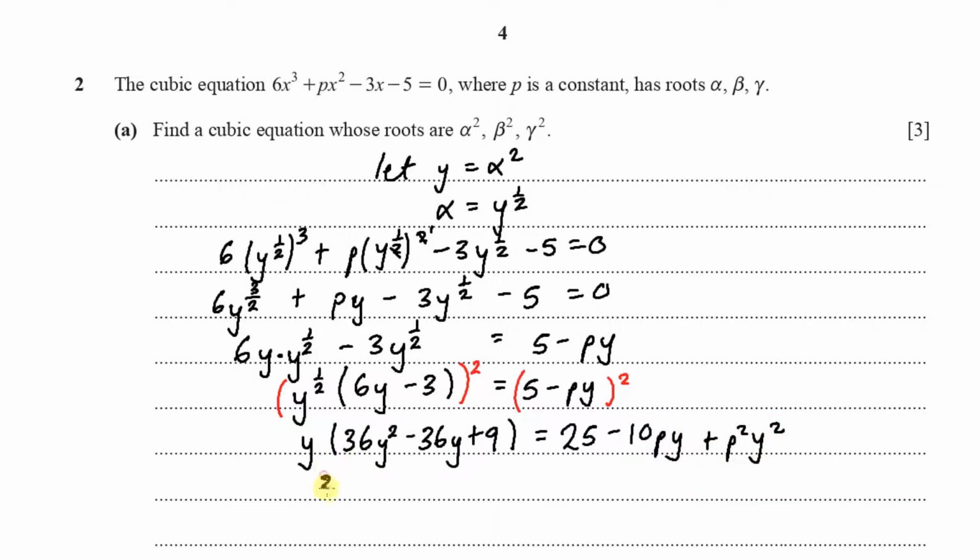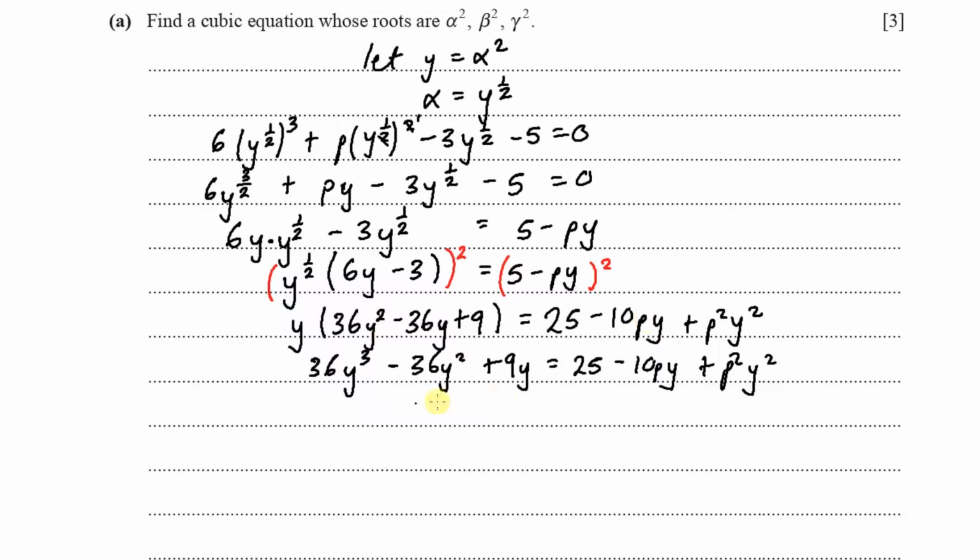Further simplifying, we have 36y cubed minus 36y squared plus 9y is equal to 25 minus 10py plus p squared y squared. Let's take everything to one side and group.